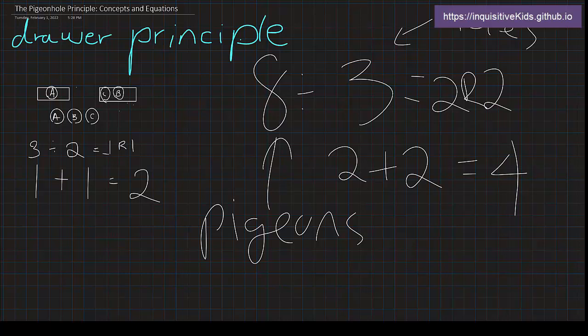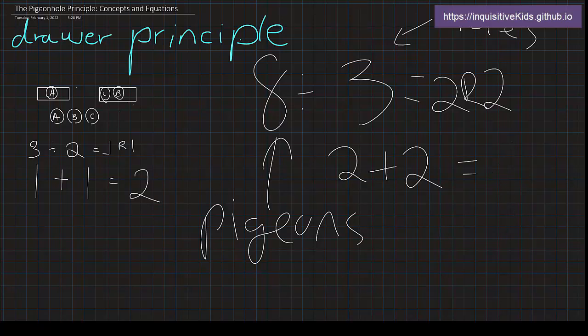Well, let's try. You could do this by yourself. After trying, you'll see that it's not always like this. It's not always that at least one hole has at least 4 pigeons. So what could that mean?